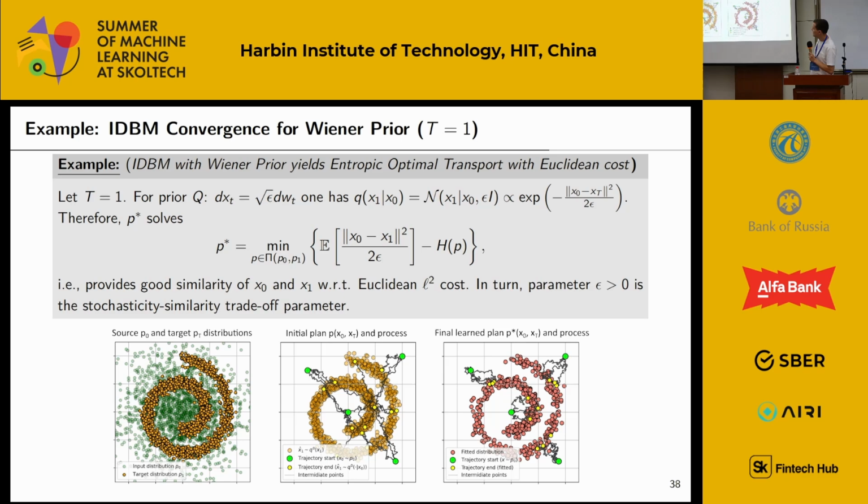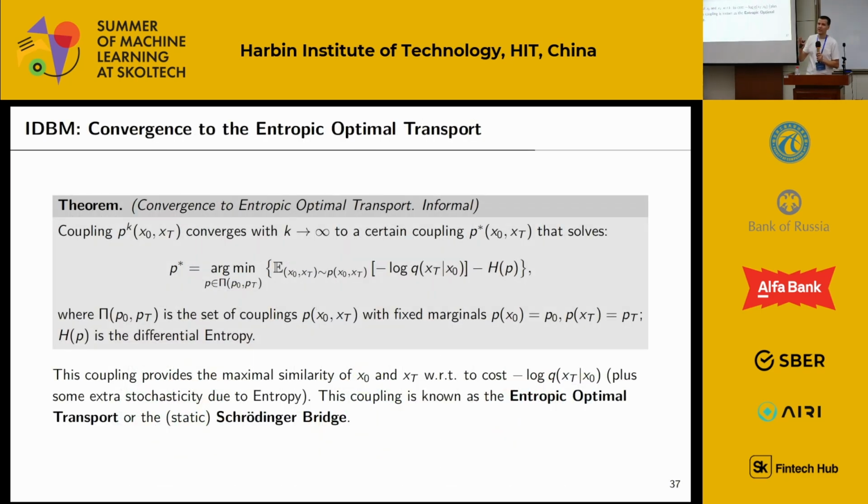So, very informally, this diffusion converges to a particular diffusion process which is called the Schrödinger bridge, or in other terminology, entropic optimal transport, whose coupling is a solution to a specific optimization problem.